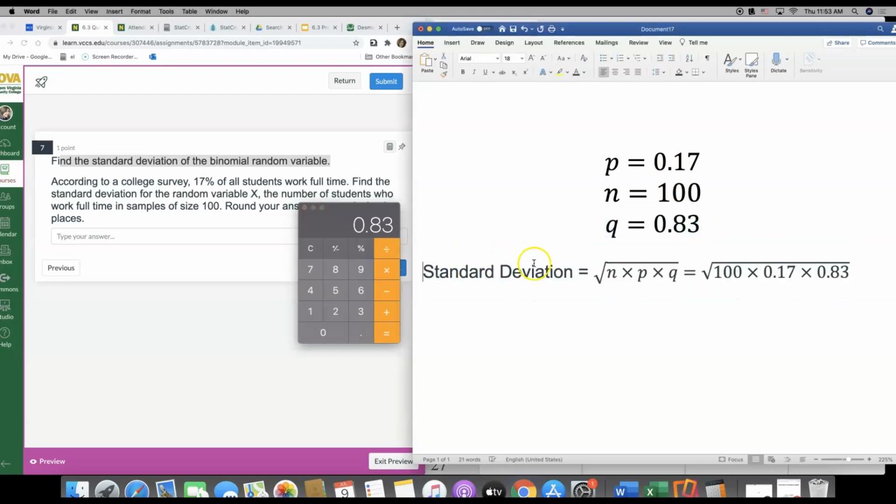Why did I need this? Because the standard deviation formula says you multiply n times p times q and then take the square root of the whole thing. So we do 100 times 0.17 times 0.83, and take the square root of that. This little calculator does have the square root function.